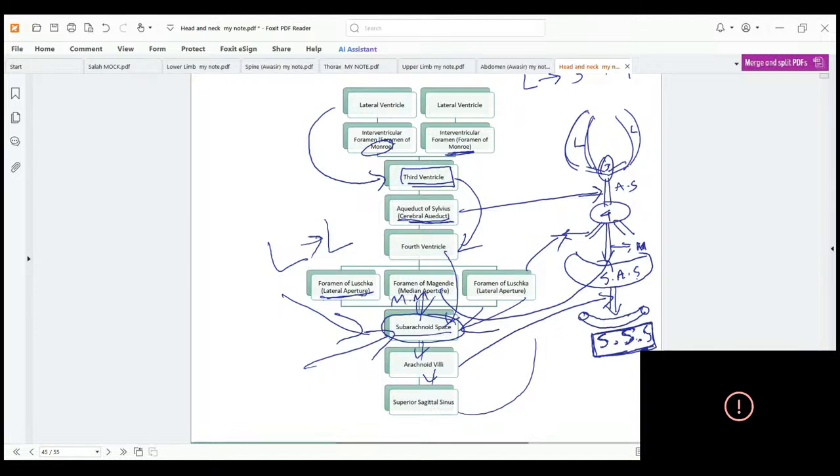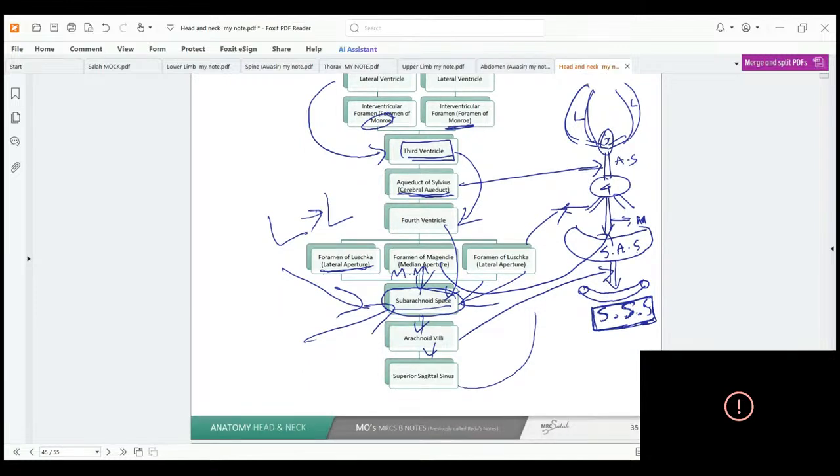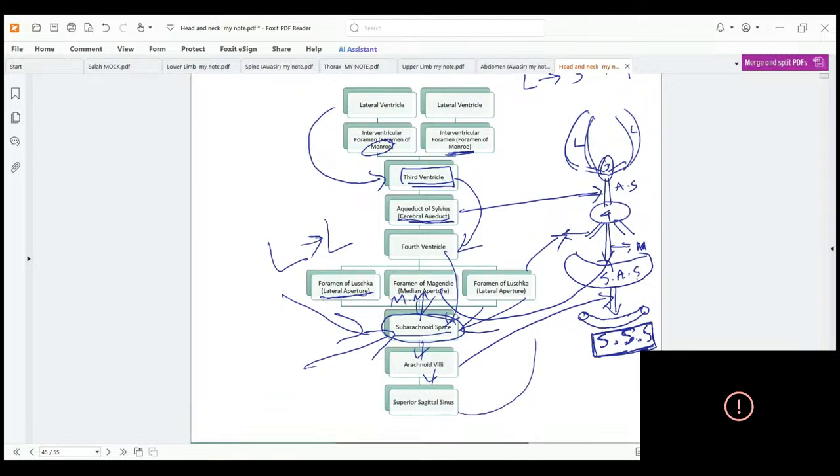Then they reach the subarachnoid space. From the subarachnoid space, they are absorbed into the arachnoid villi and drain into the superior sagittal sinus. So again, lateral to third comes through the foramen of Monro.